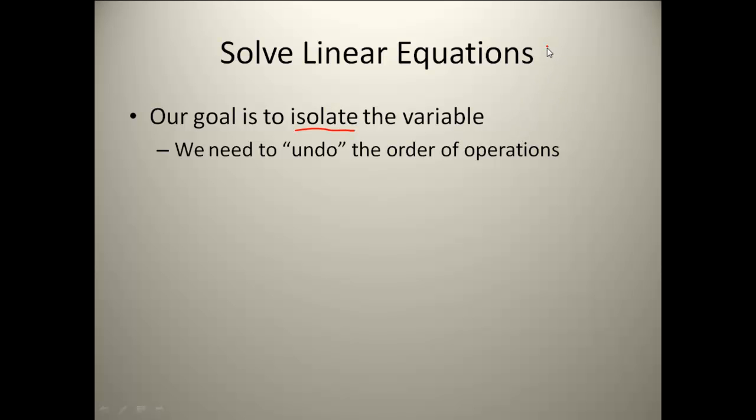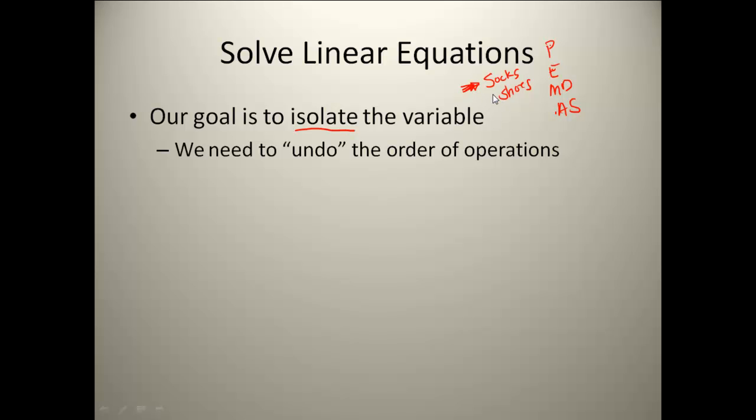Now remember, our order of operations are please excuse my dear Aunt Sally, and that stands for parentheses or grouping symbols, exponents, multiply, divide, add, subtract. Think about when you get ready in the morning, you would put your socks on first, and then you would put your shoes on. Well, when you get home at night, when you undo that, you don't start with your socks again.